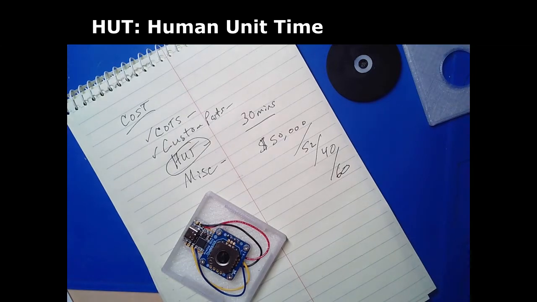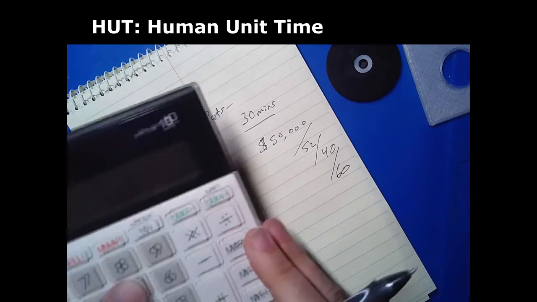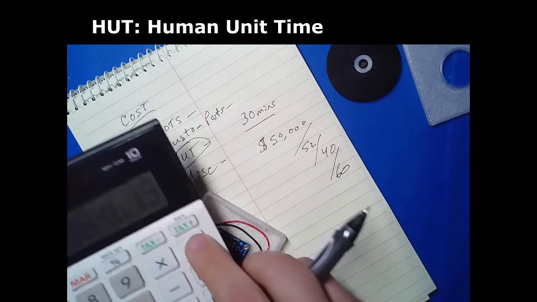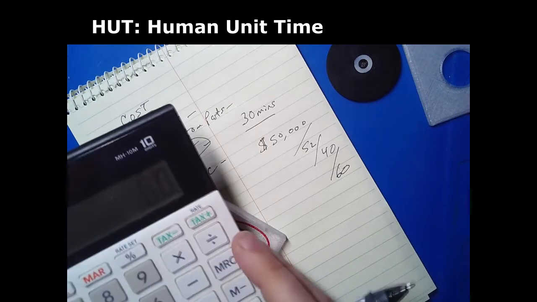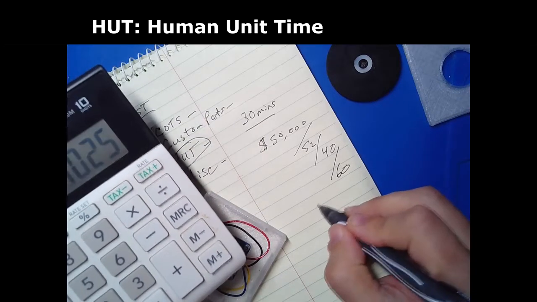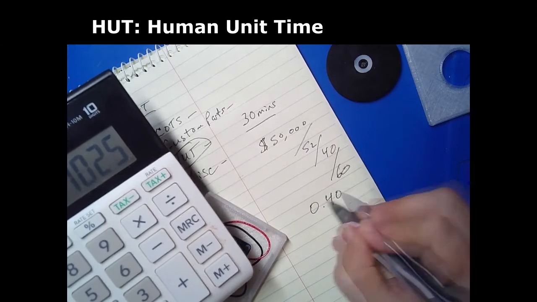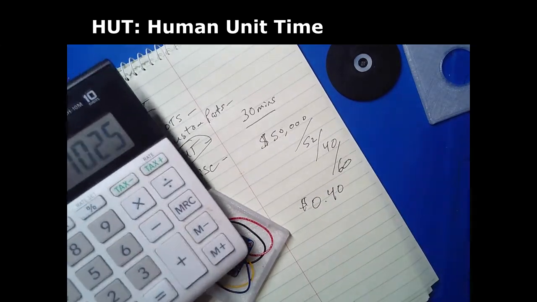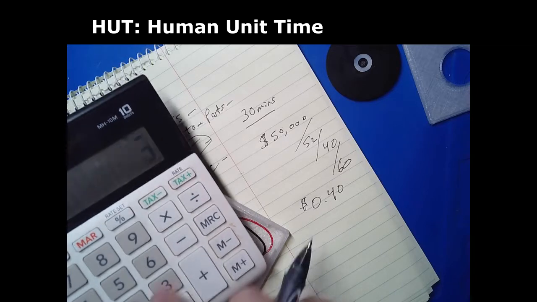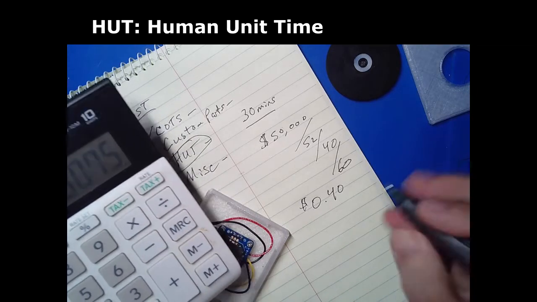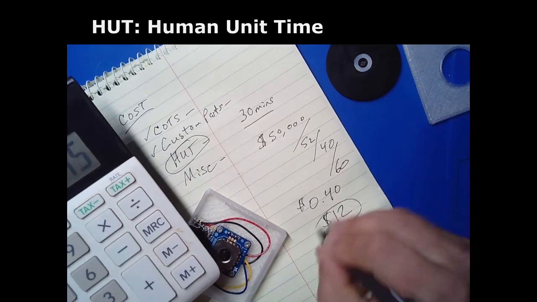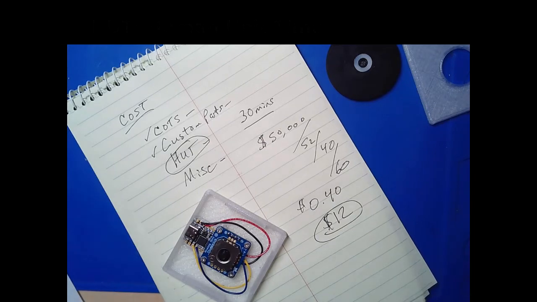So what's that? 50,000 divided by 52 divided by 40 divided by 60. That's telling me I should be charging 40 cents a minute for my time. So if this particular project took 30 minutes, that means there's $12 of labor in this device.